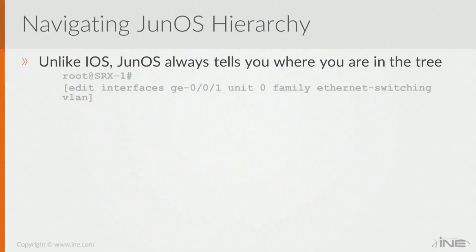Now, in terms of navigating through the hierarchy, like I mentioned, one of the nice features of JunOS is that it always tells you where in the parser you are. So in this case, we're under global config or configuration mode. We're at the interface level, this specific interface, the sub interface, unit 0.